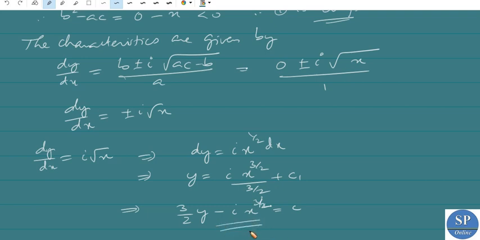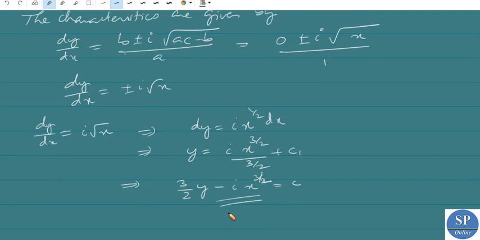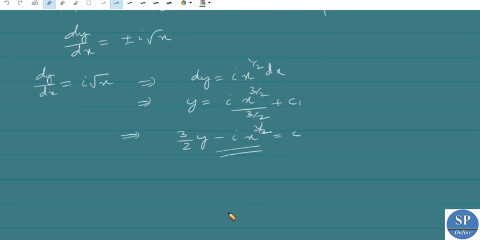Okay, so we can choose our canonical variables as follows. We have phi equal to c. So we can choose the first variable as 3 by 2 y, that is the real part of this phi, and the second variable as the imaginary part. So we can choose the canonical variables q of x,y and r of x,y.